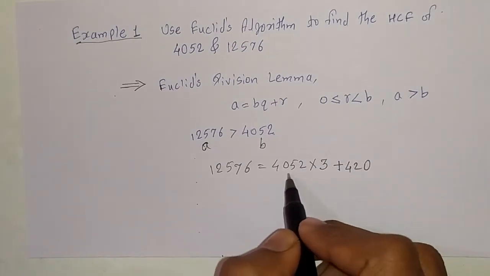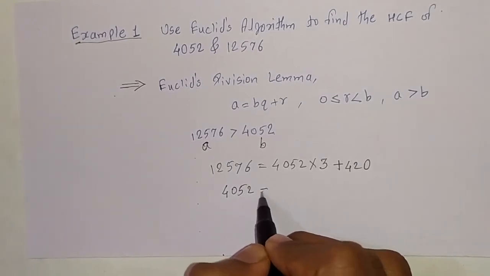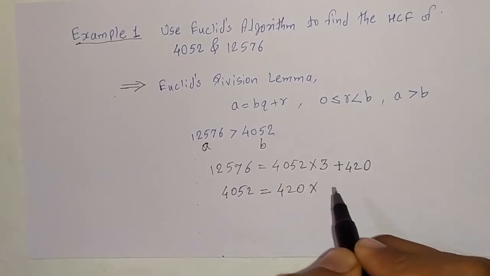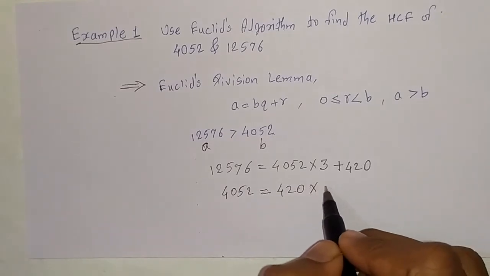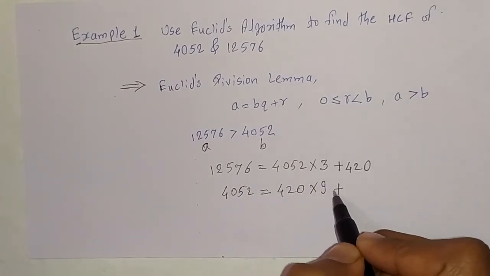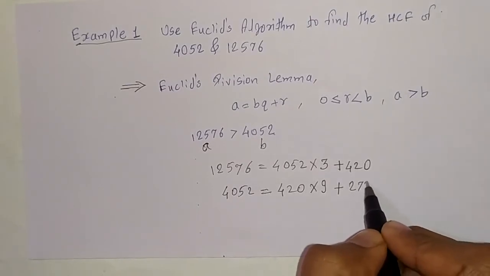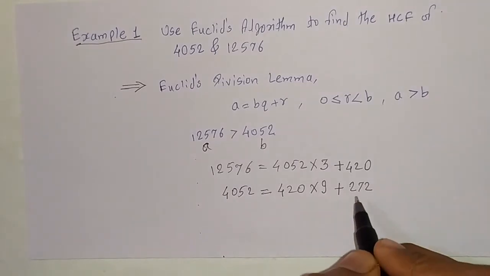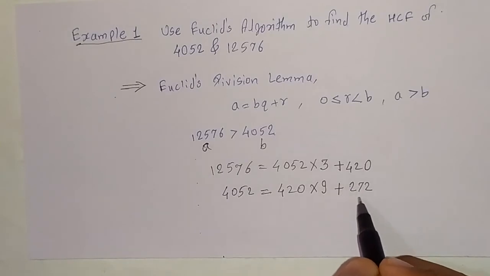So in the second step, the divisor will be the dividend, and the remainder will be the divisor, into quotient. If you multiply 420 by the number 9, then you will get the remainder as 272. Still the remainder is not 0. Then we have to again apply Euclid's division lemma.